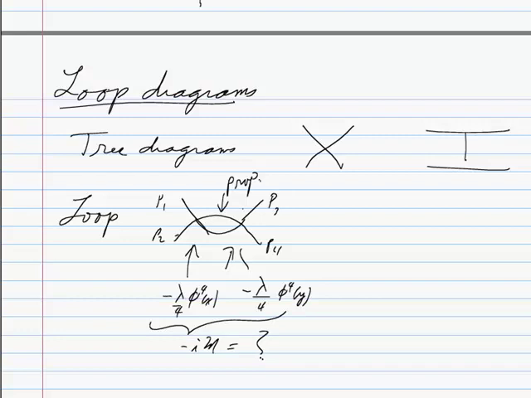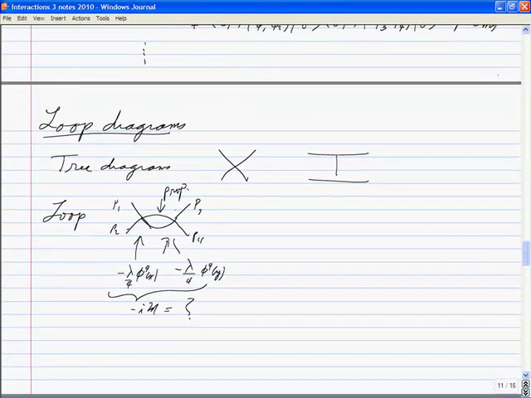And we'll see it has some features that are the same as the tree diagrams. There'll be overall momentum conservation. There'll be normalizations that pull out for the external states, but there's going to be this extra factor, which will be a loop integral. There'll be some integral left over that you have to do a full integral to calculate. It's not just a product of numbers like these guys were.